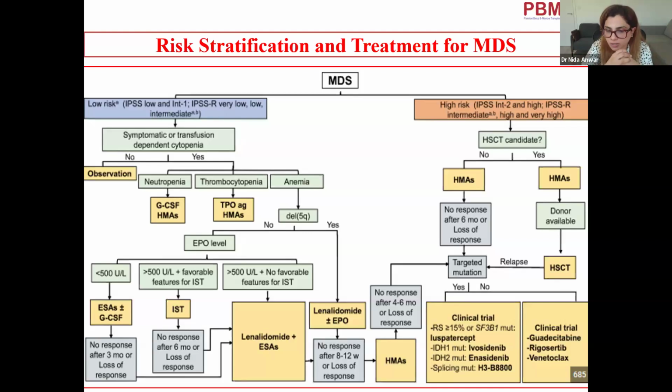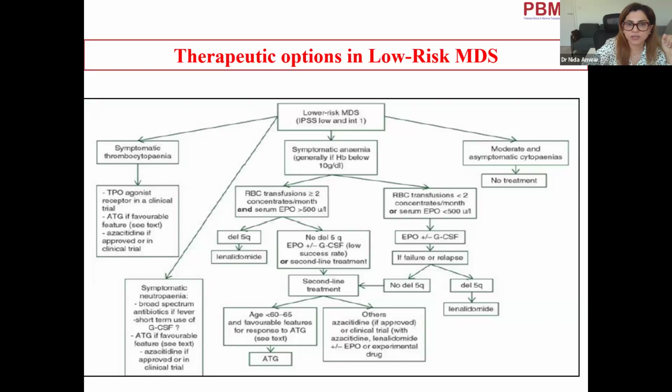However, in our part of the world, I belong to Pakistan and practice there, there is a lack of clinical trials, and that is the main gap we face while treating patients with MDS. As I mentioned, this is a slide taken from the British Journal of Haematology. More or less, the treatment options are the same for low risk MDS.